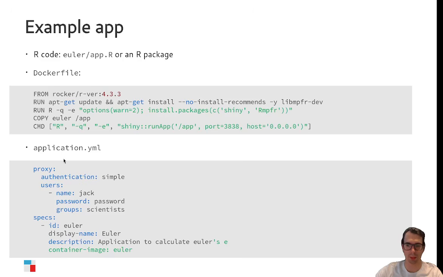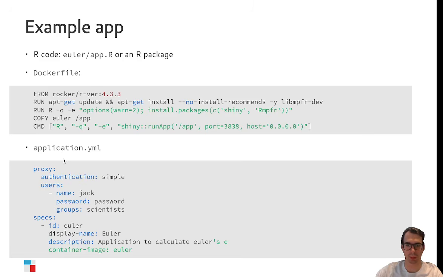So let's have a look at an example application. We have written our R code into an app.R file, but of course you can also package it into an R package, which we actually prefer. Next up, you have to write a Dockerfile, and here I have created a very simple Dockerfile that starts from a very good R image from the Rocker project.